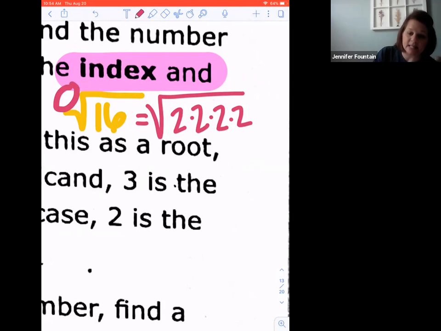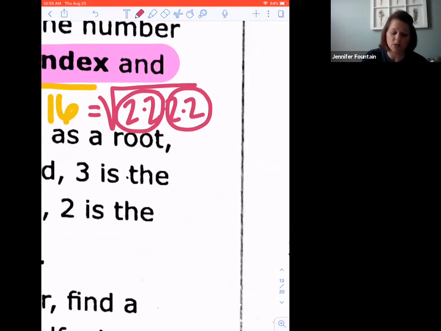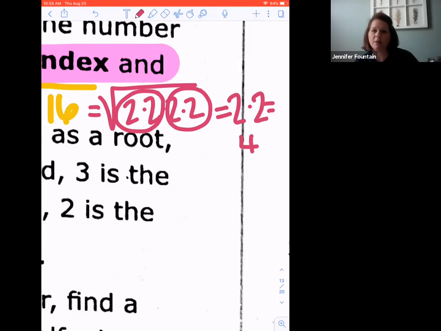That index there tells me that I need 2 buddies to come out as whole numbers. So if I circle two 2s, that means I can bring out a 2 and multiply them together and get my whole number. Don't stress about this too much. We're going to cover this at a much slower pace in just a minute. I'm just trying to show you the difference.